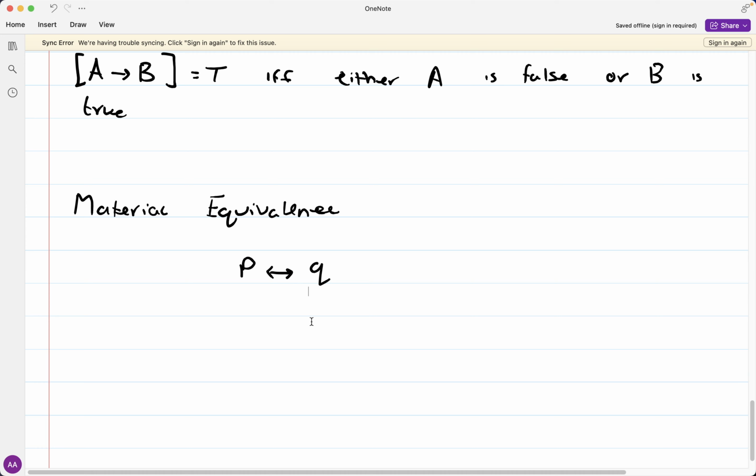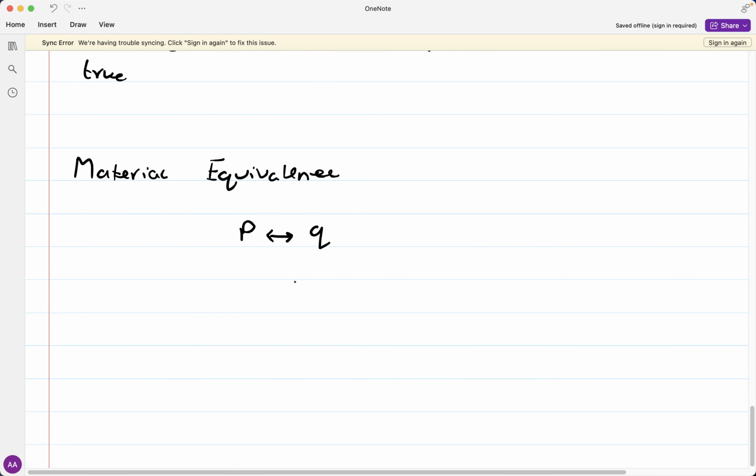So what does this tell us? Well, it essentially tells us that the truth value of P is connected to the truth value of Q, and the truth value of Q is connected to the truth value of P, such that P is true if and only if Q is true. So it means that they both either have to be true or they could both be false. But as long as they both have the same truth value, they can both either be true or both false. That means that we have a material equivalence.